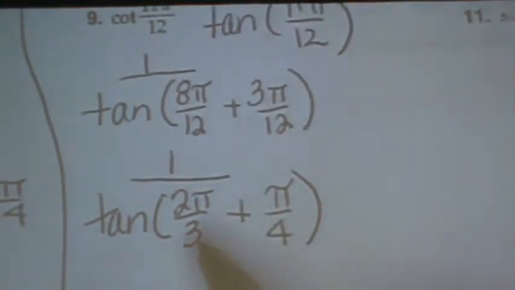So you may want to look at the unit circle for this one, if that'll help you, to figure out what the ratio is. So you're in quadrant 2 here for 2/3. So I could quickly draw a unit circle to help you.